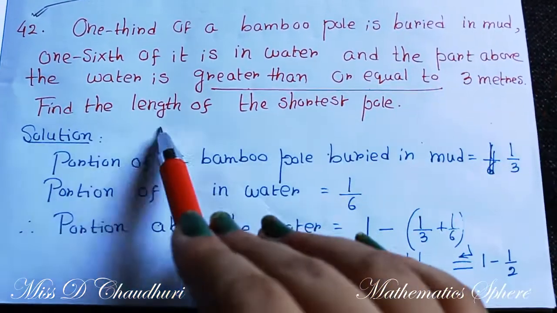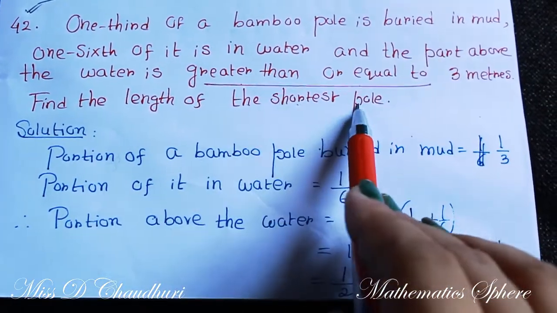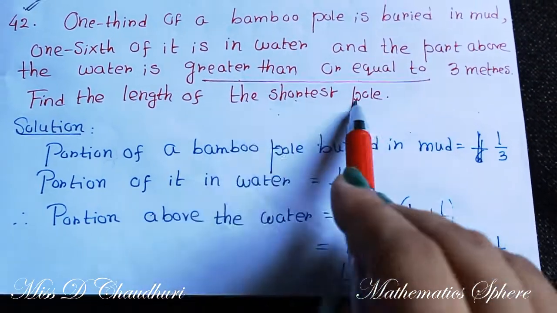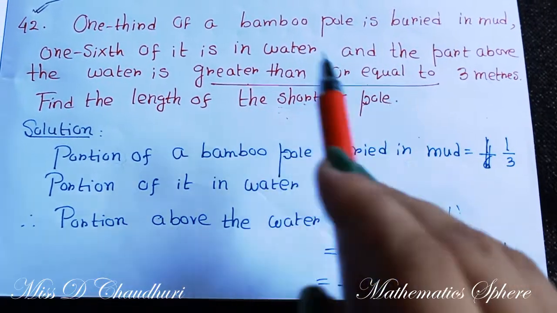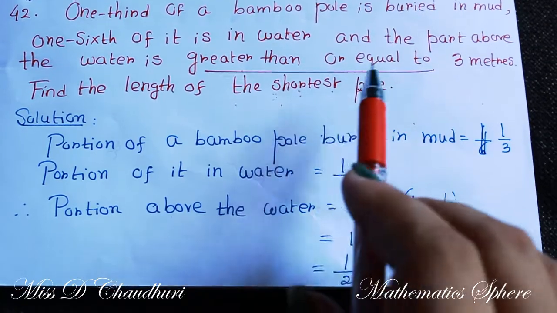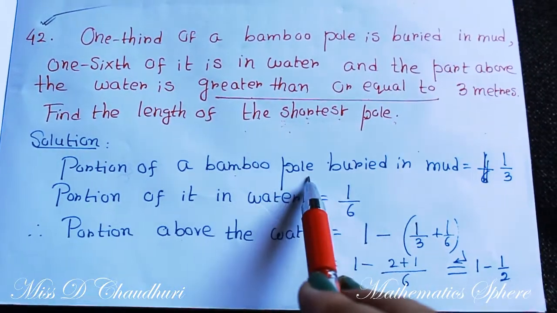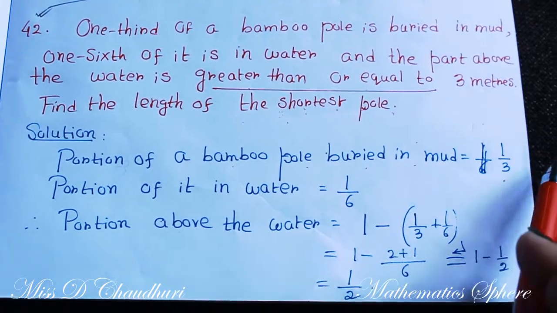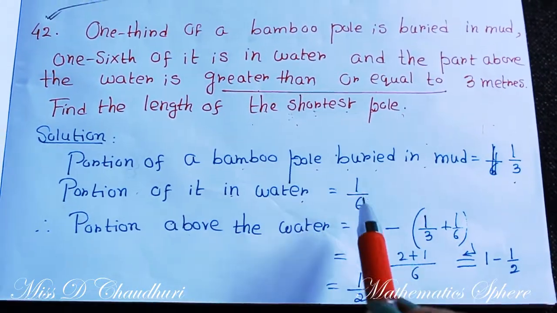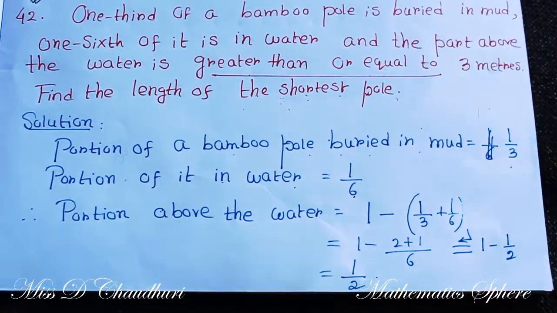Now we will have to find the length of the shortest pole. Again, you forget about this shortest or longest part. Our theme is that we will have to find the length of the pole. First, it is given that the portion of the bamboo pole buried in mud is 1/3, and the portion buried in water is 1/6. So what is the portion remaining above water?